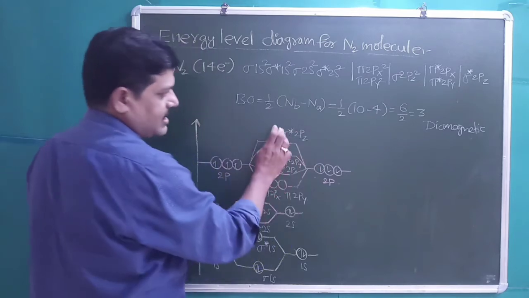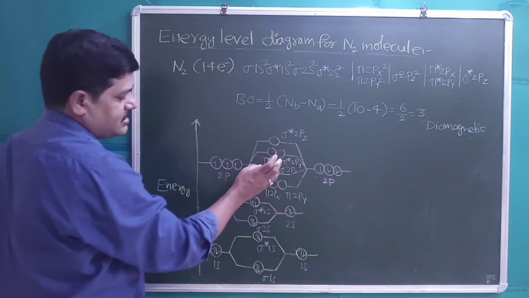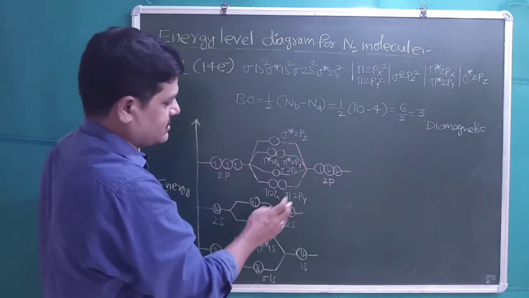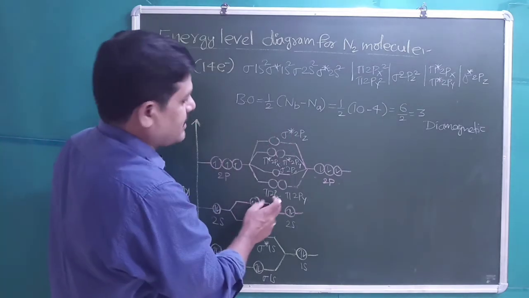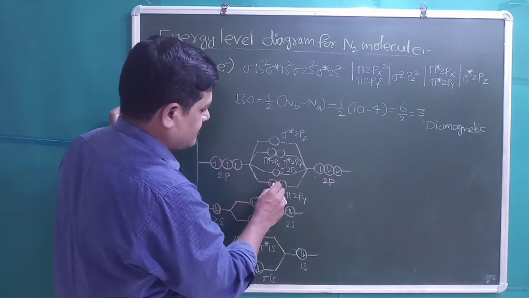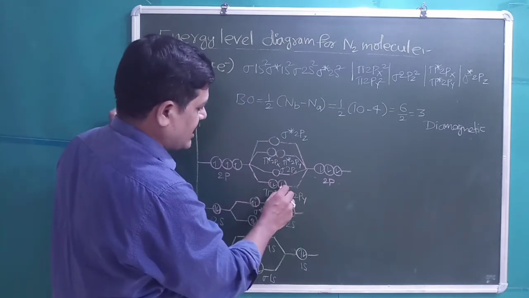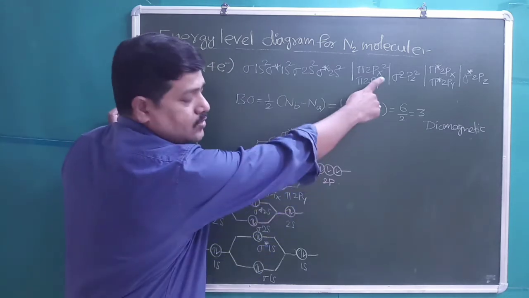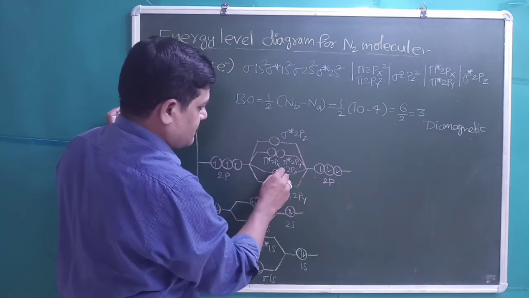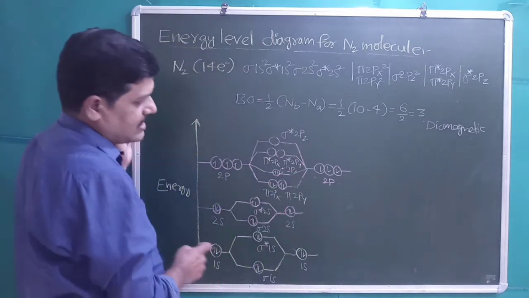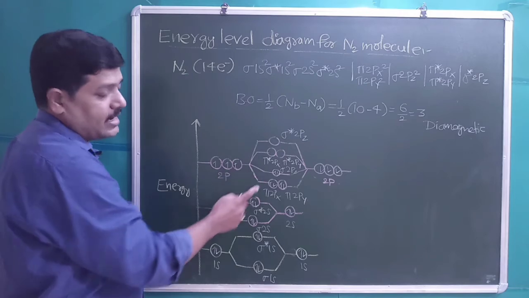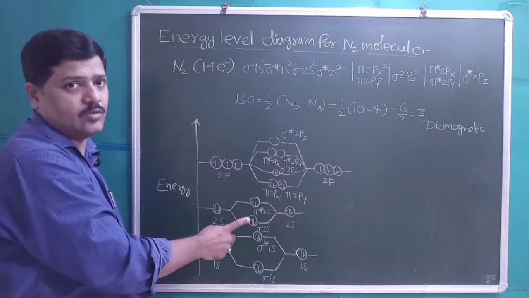These top three orbitals do not contain any electrons. In pi 2px, 2 electrons are present, in pi 2py, 2 electrons, and in sigma 2pz, 2 electrons. So students, this is the energy level diagram for the N2 molecule.